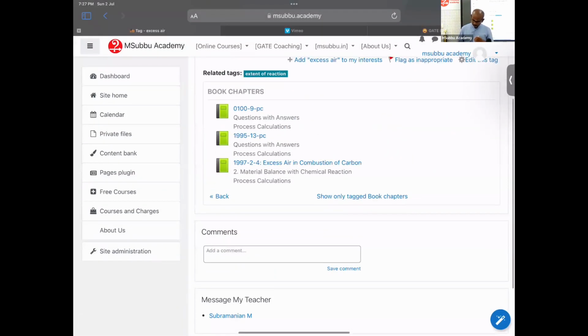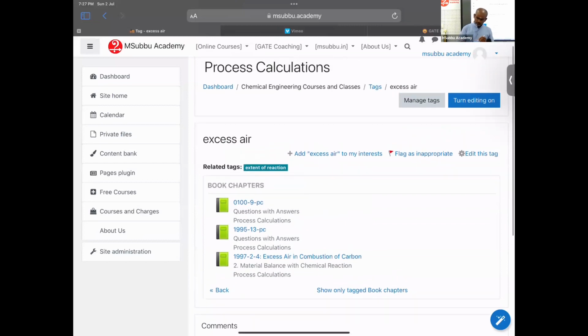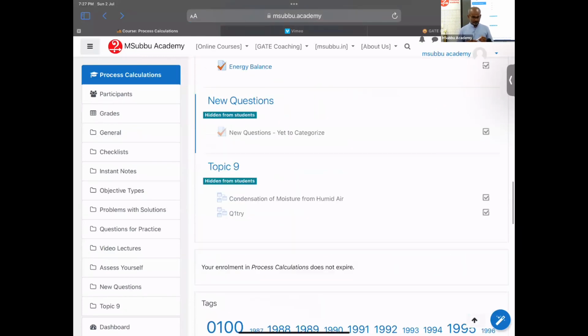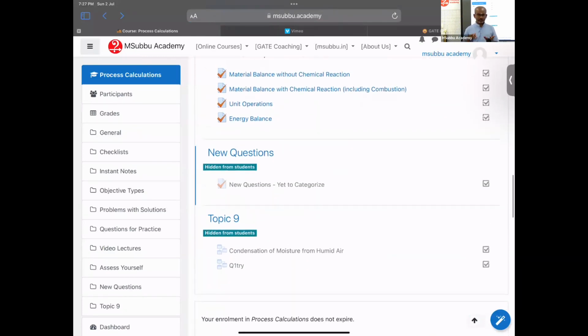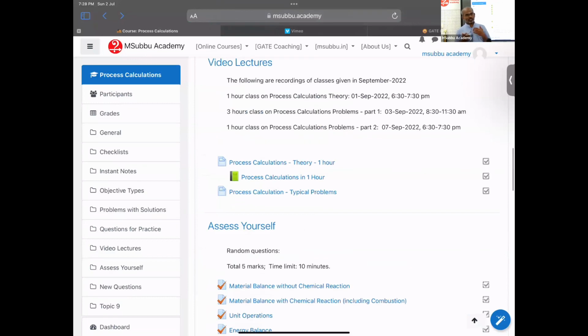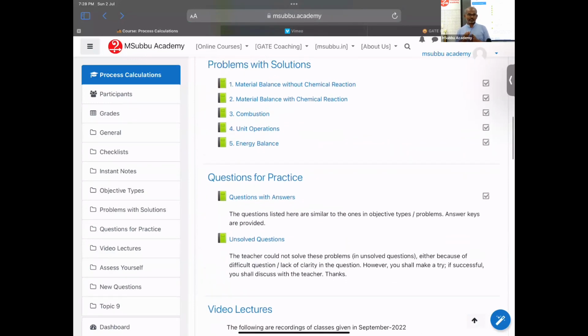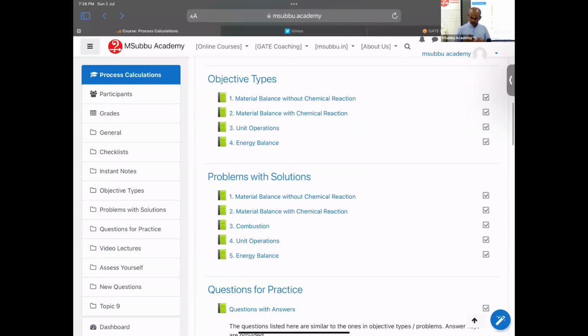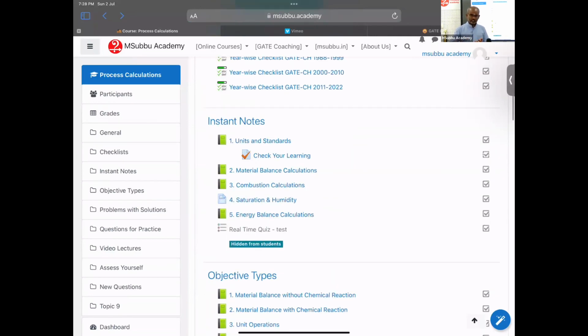And in addition to the GATE question problems, we are also adding problems from the nice books for the subject process calculation. Not the direct questions, but slightly adapted ones from Felder, Bhatt and Vora, Himmelblau, or any other recent books I'm adding.